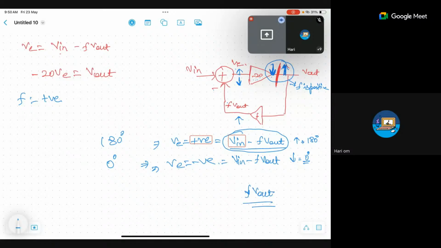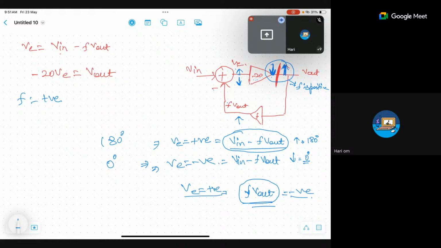Now the thing is that if I arrange it so that F times V out is also negative, then VE becomes positive always. Why?